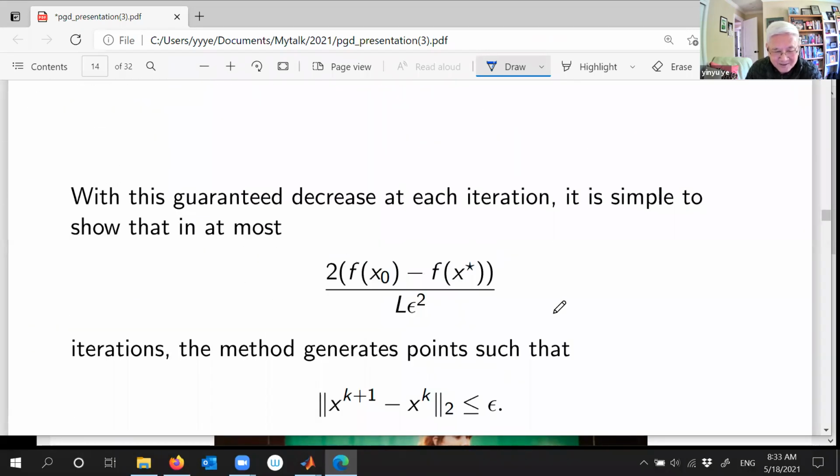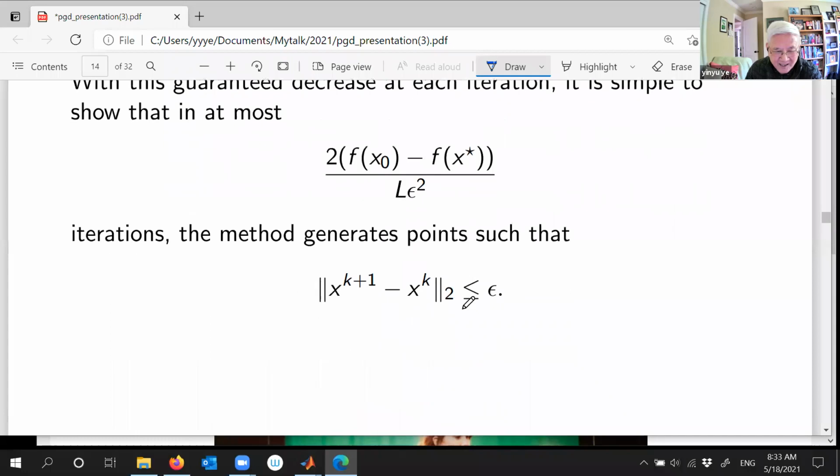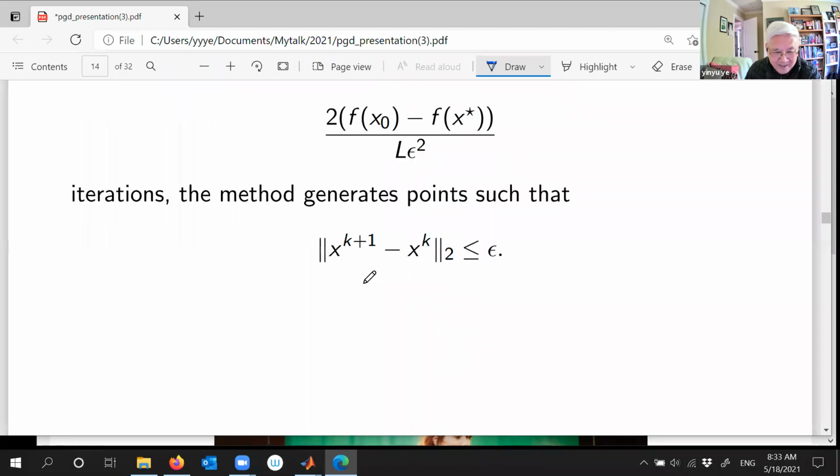This quantity will be only epsilon squared, and with the initial objective function difference, you can show this has to be less than epsilon. Otherwise, if it keeps being greater than epsilon, the objective will go unbounded from below. So this is a very, very simple analysis. Now the question is, what does this vector mean?